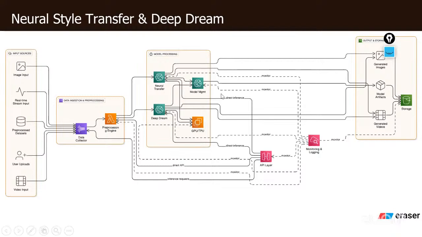So we can have A/B testing, and weights and iteration counts as well for this particular neural transfer model.